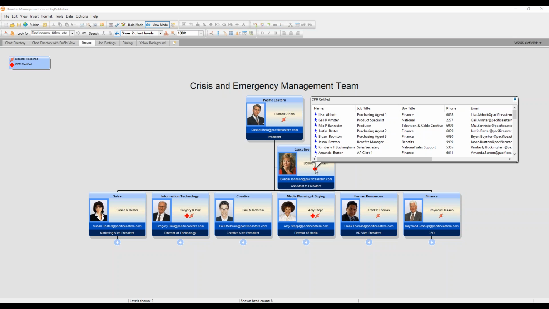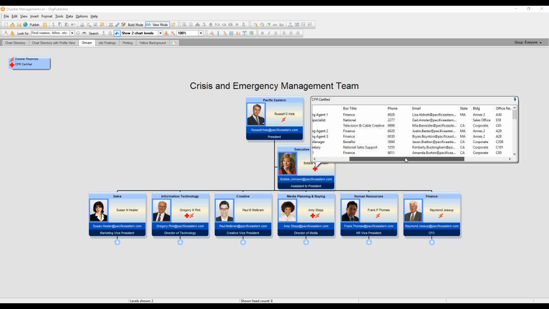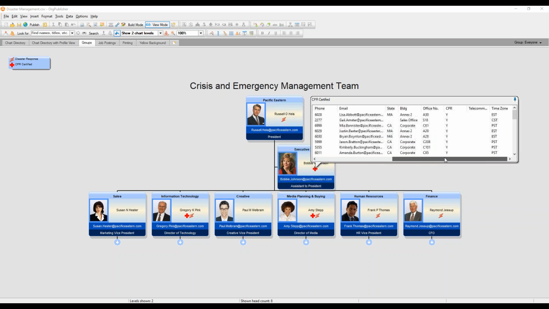So if we just simply hover over a person who has this icon, we can see all the people who have this certification. So let's suppose, for example, that you're in the corporate office, and furthermore, let's suppose that you're on level 3, so therefore corporate 3.